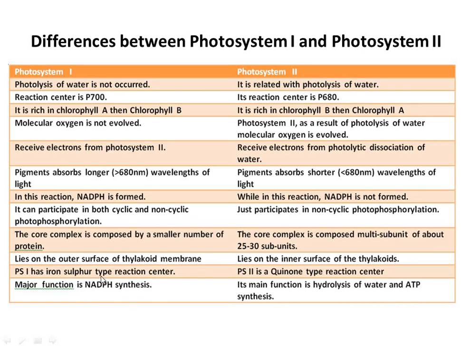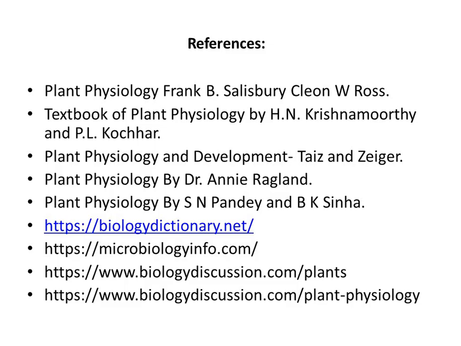PS1 has an iron-sulfur protein type reaction center, while PS2 is a quinone type reaction center. The major function of PS1 is NADP synthesis. In PS2, the photolysis of water molecules and ATP synthesis takes place. So these are some of the fundamental differences between PS1 and PS2.